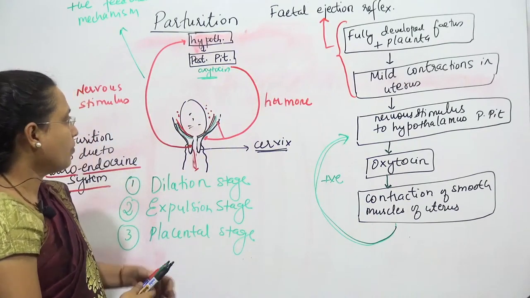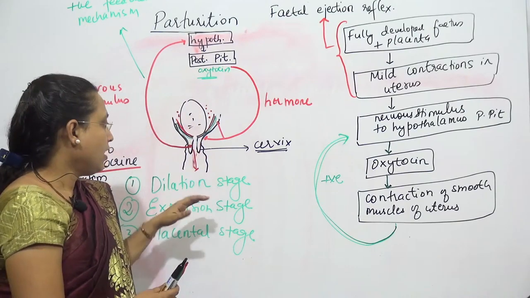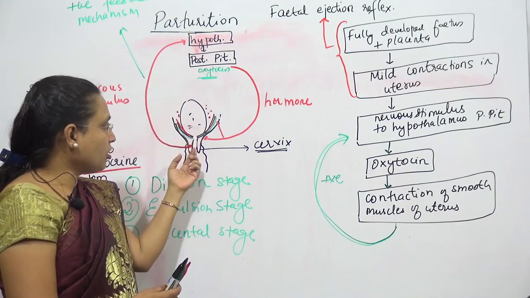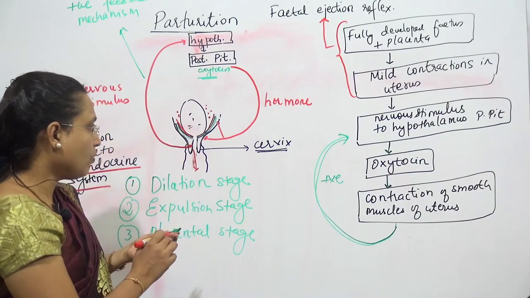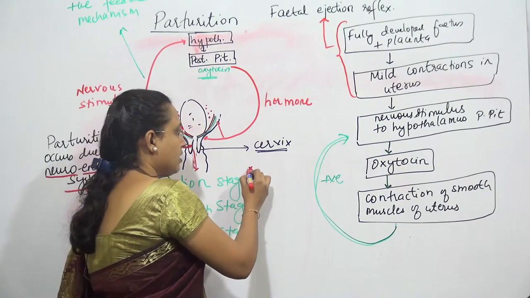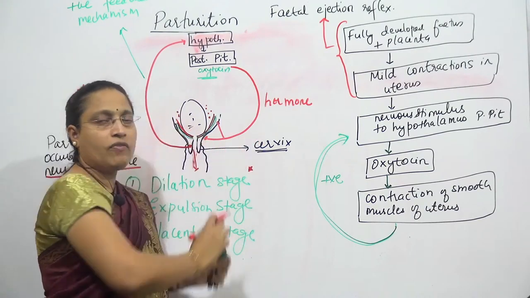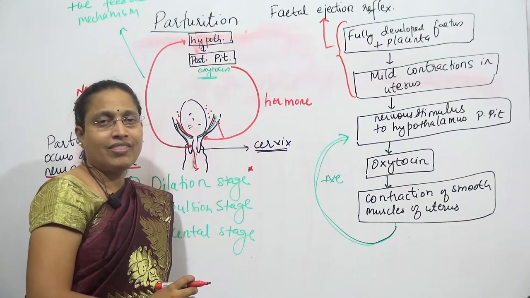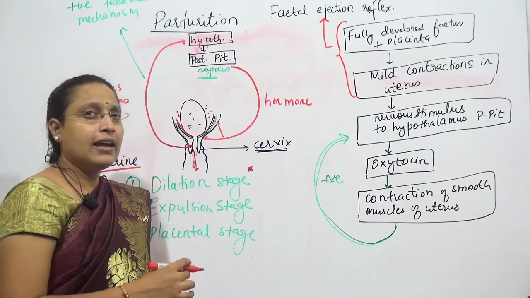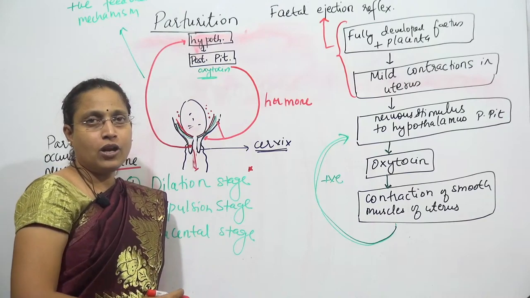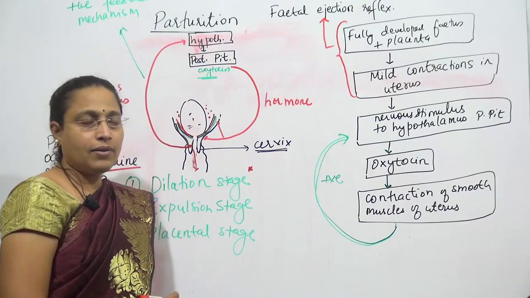That is when the strong uterine muscle contraction is there, so pressure is put on the cervix. Then what happens? During the dilation stage, the cervix, which is too narrow, will become wide, about 10 centimeters, and that is due to a hormone effect called relaxin. In the previous class itself I told you, relaxin is the hormone secreted by the placenta.